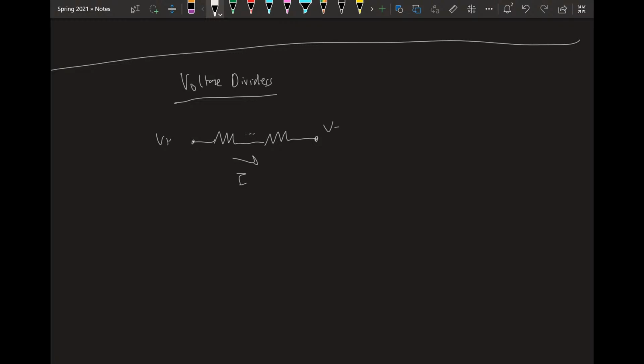So to find the voltage across any one of the resistors in series, we can find a ratio. We can say that the voltage across resistor i, let's say, is equal to the V total across the entire resistor in series times that resistance over the series resistance.